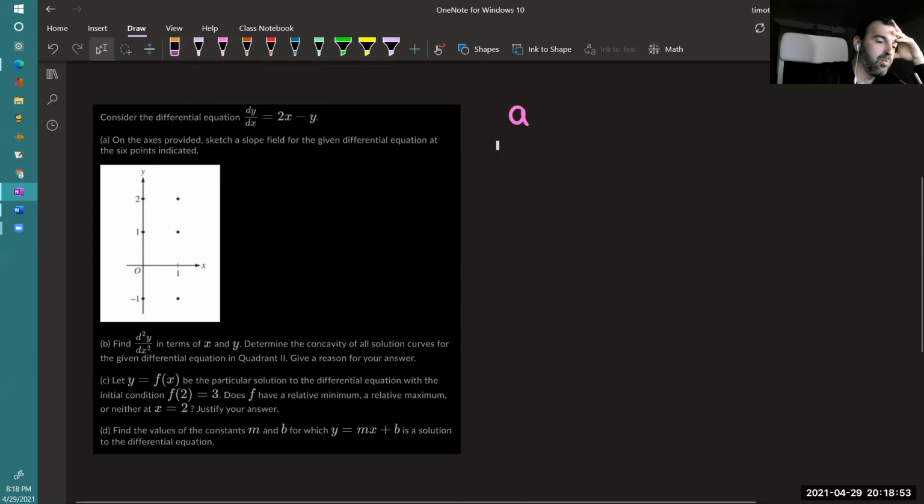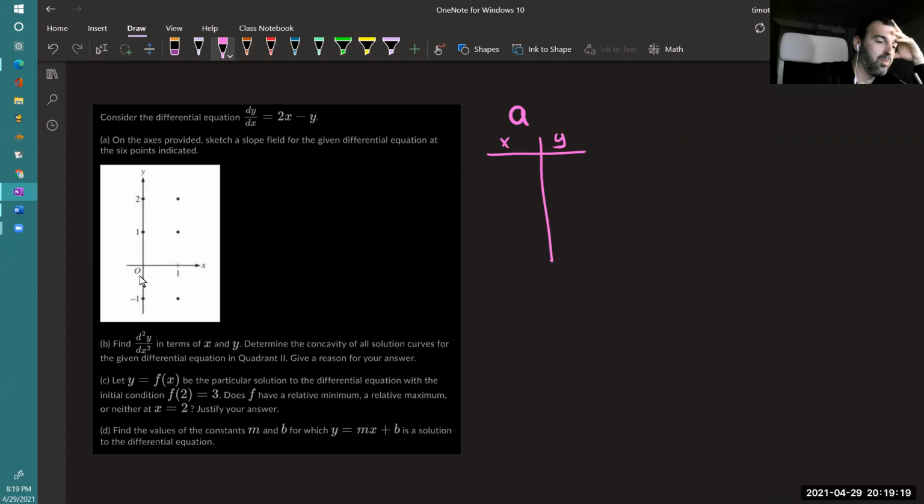Okay. So on the axis provided, sketch the slope field for the given differential equation at the 6 points indicated. So here they are, 6 points. 2, 1, -1 are my y coordinates. And I got 0 and 1 for my x coordinates. I'm just going to make a chart here, x and y.